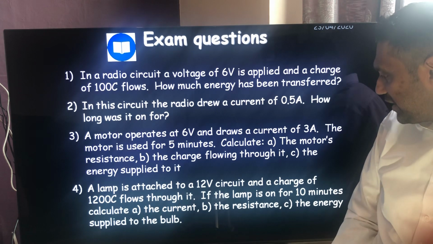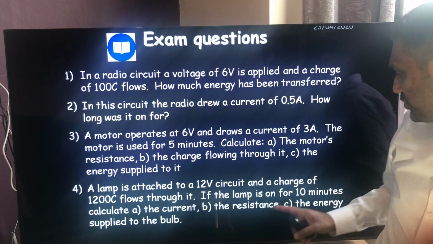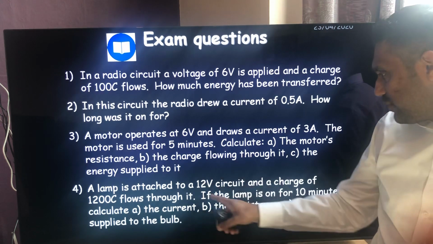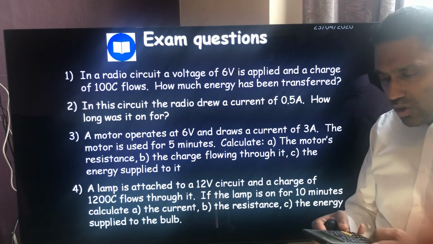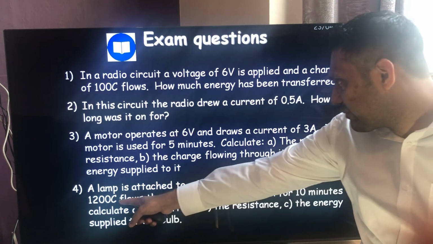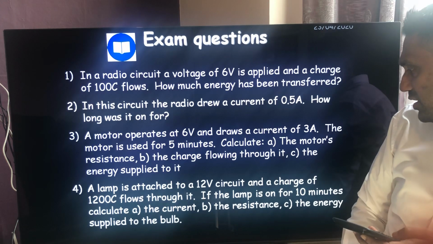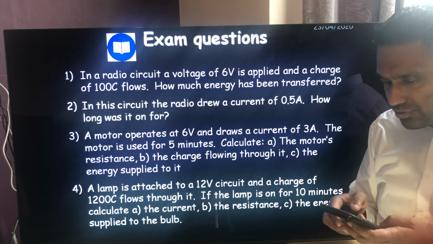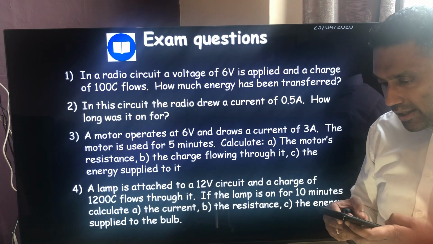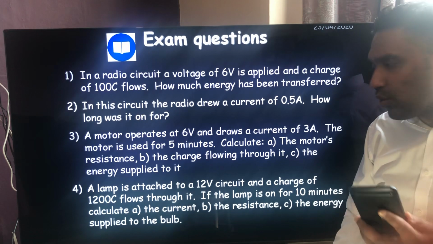The energy supplied to the bulb, E equals QV. So Q, which we just did a second ago, and V, which is 12. So I've got my 12 volts, and my Q's there, which is 1,200. So I've got 1,200 times 12 equals 14,400.